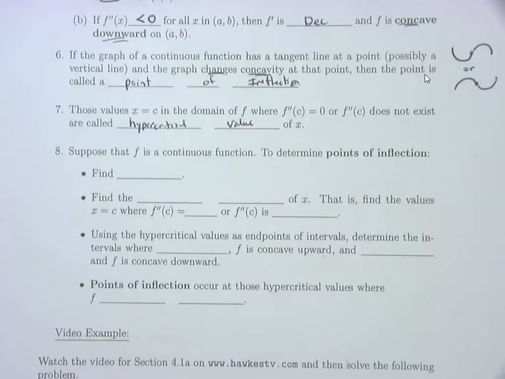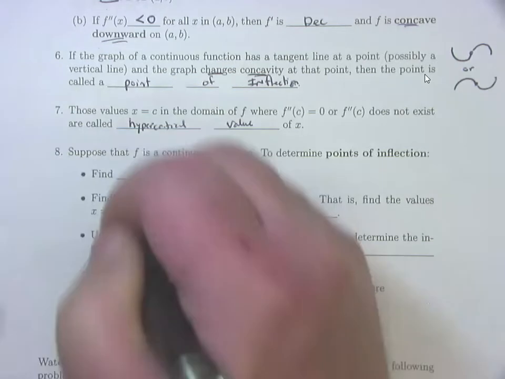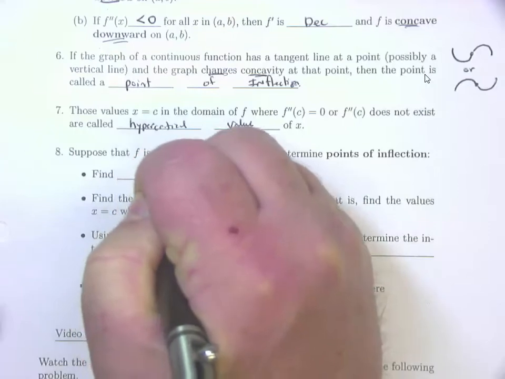Suppose that f is a continuous function. To determine points of inflection, so here's your steps. If I want to find the points of inflection, what's the first thing I got to do? Inflection points deal with which derivative? So the first thing you got to do is find the second derivative. Take the derivative of the derivative.